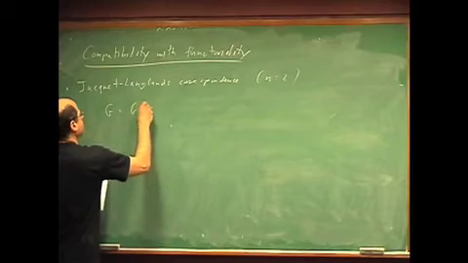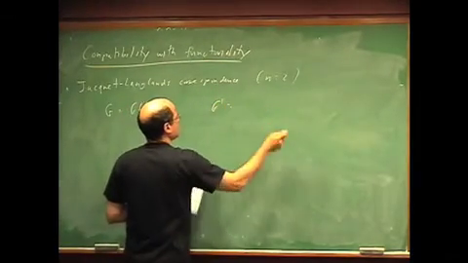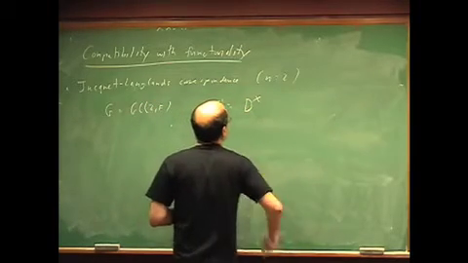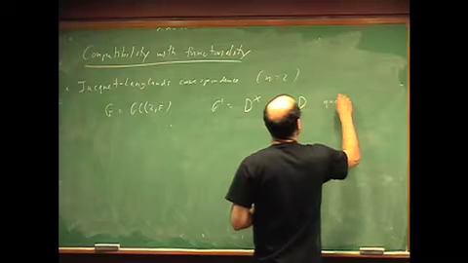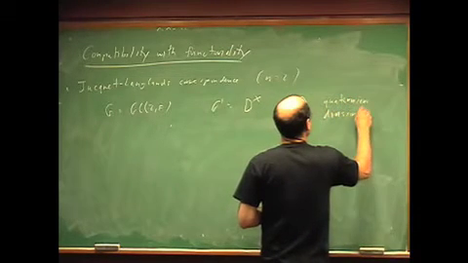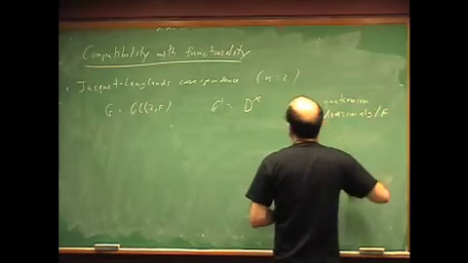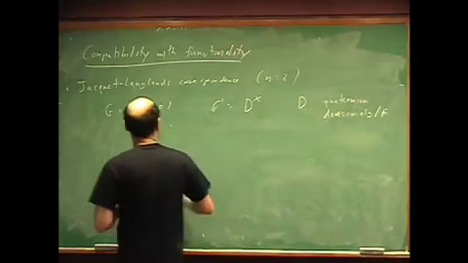So let's say G equals GL2(F), and now G prime is the multiplicative group of a quaternion division algebra over F, which is unique up to isomorphism.